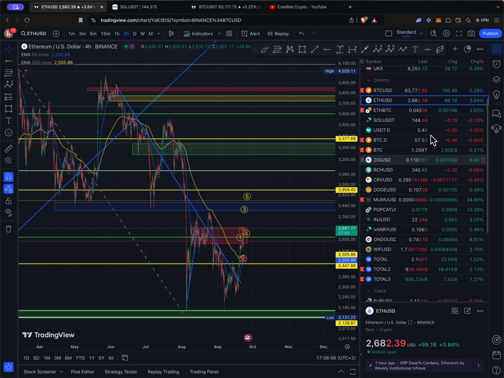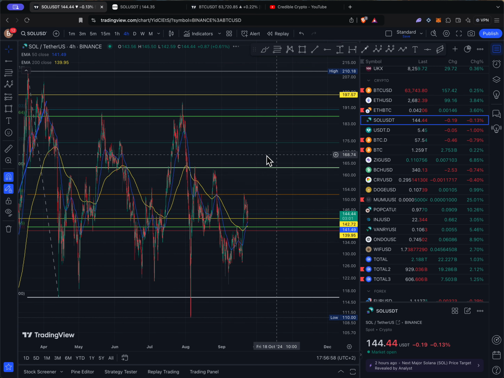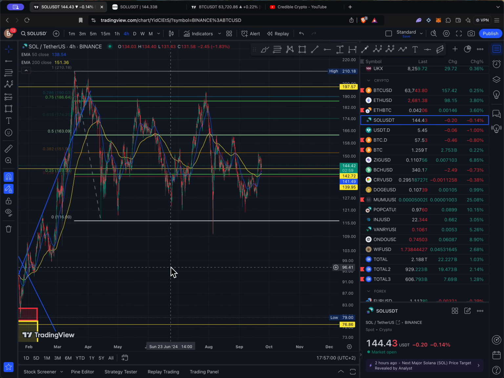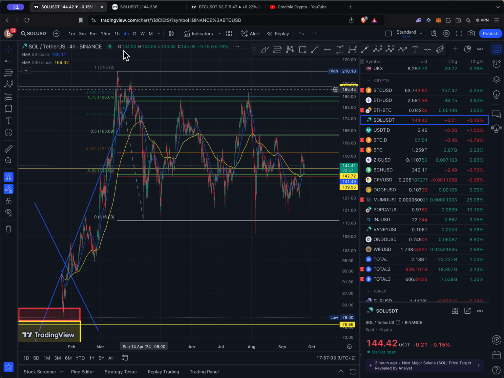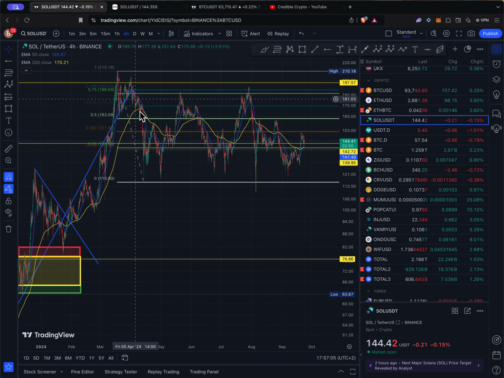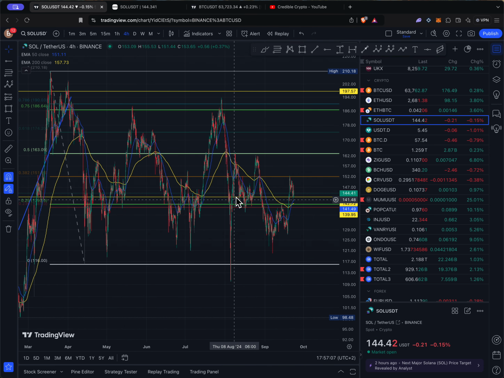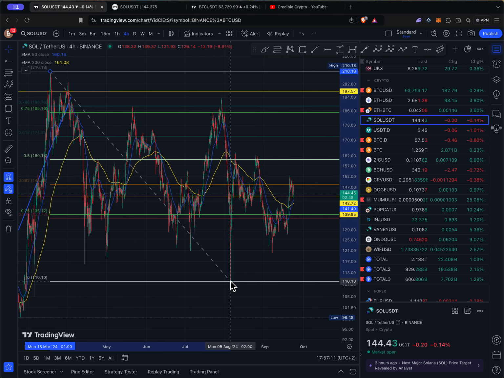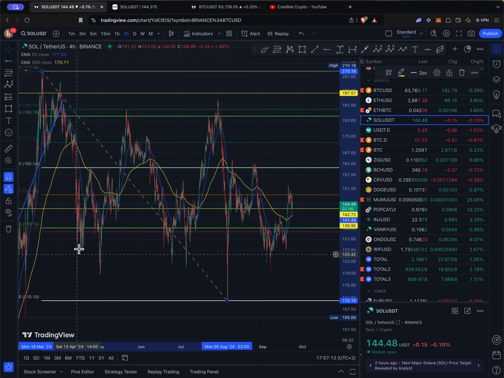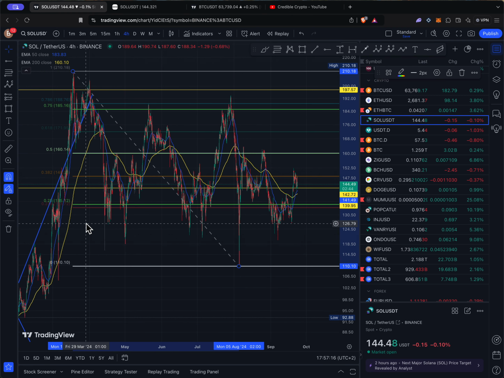So, Solana. On Solana here I already have my usual range fib, which can actually be changed a little bit. You can always see how the Fibonacci retracement tool is very nice to find where the important areas are.